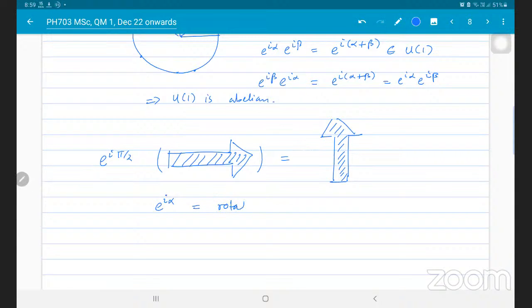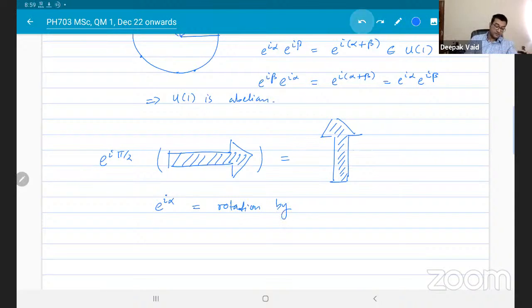Rotation, sir. Displacement. Rotation by an angle alpha, right? So you can call it a kind of displacement, but it's an angular displacement, not a linear displacement.